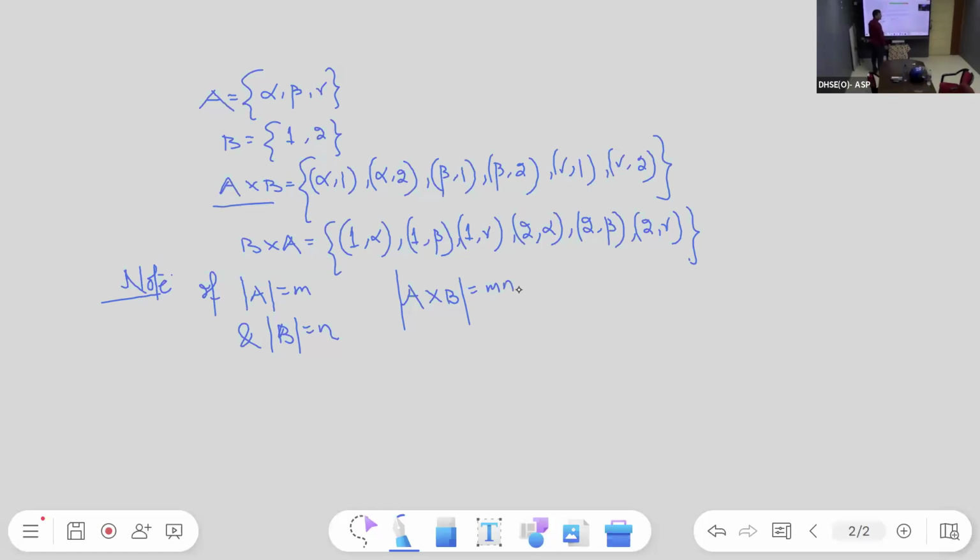That means if set A contains m number of elements, set B contains n number of elements, then the set A cross B will contain mn number of elements. Clear? This is called Cartesian product of sets.